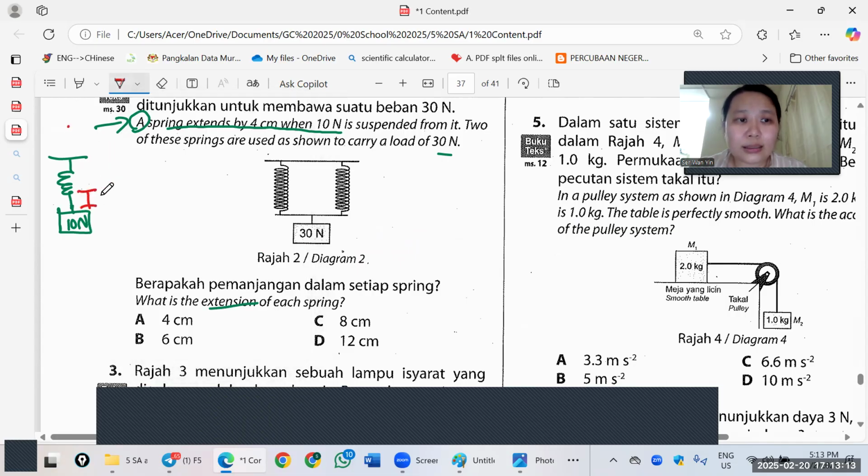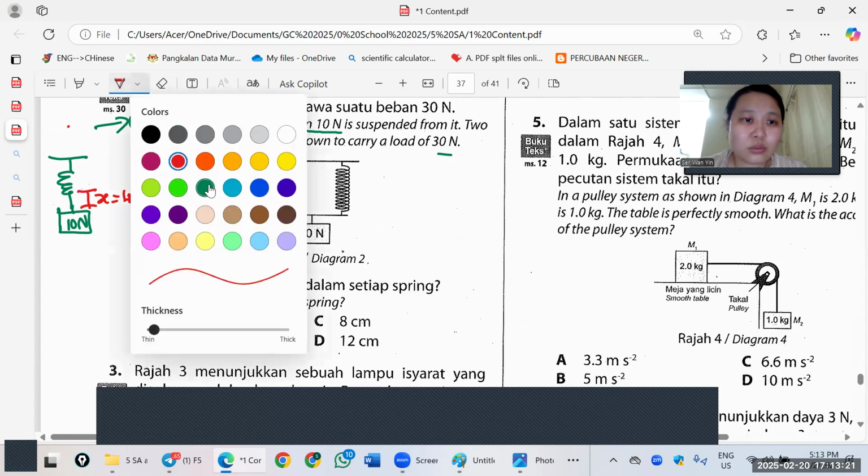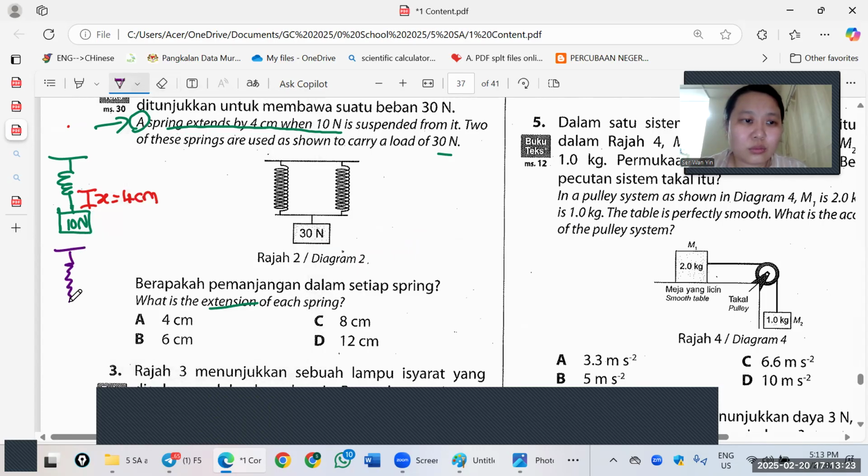It will extend x, 4 cm. Now imagine if we increase to 30 Newton, what happens? Of course it is longer. So x is times 3, 12 cm.